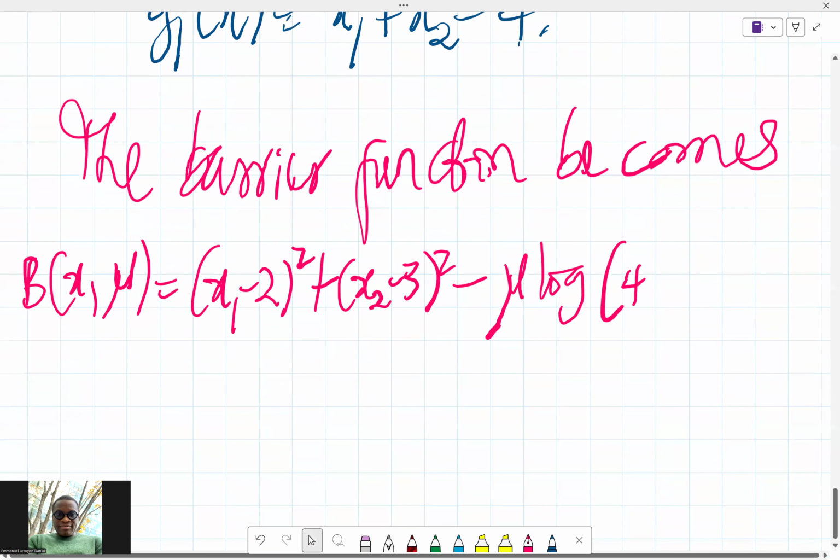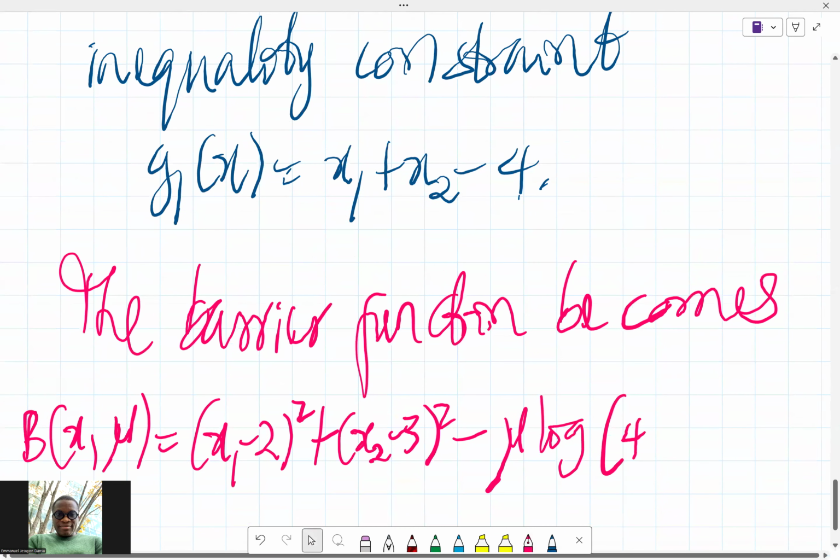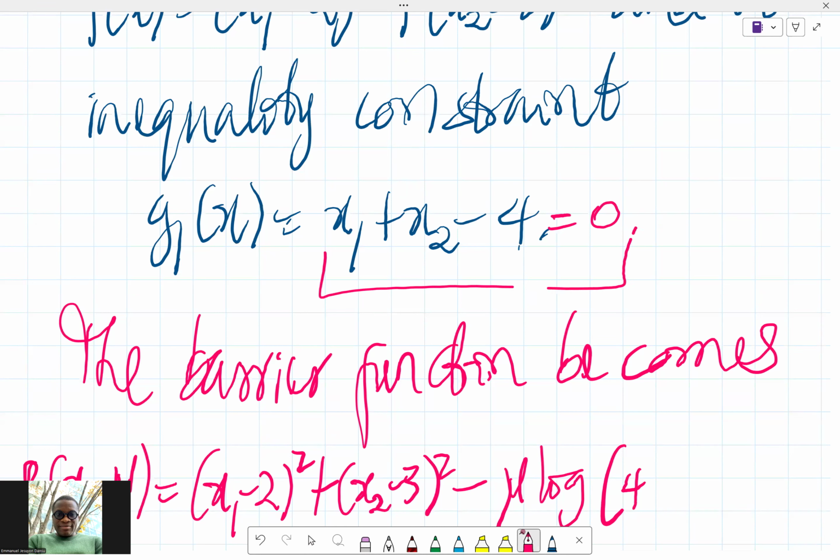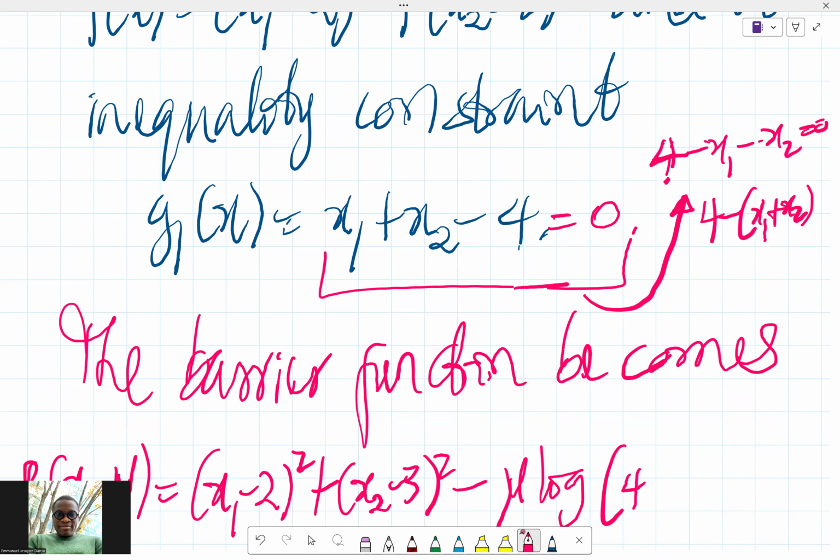Yeah, this is more like we're transforming it into something like 0, right? So this expression now, we are transforming it into the other side. So that'll be like 4 minus x1 minus x2 equals 0, or 4 minus (x1 plus x2) in brackets equals 0.